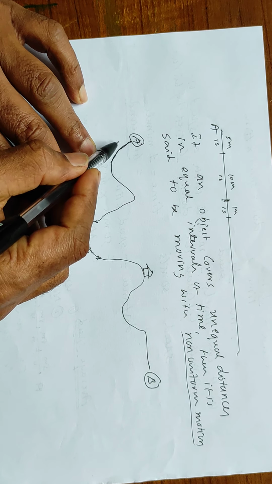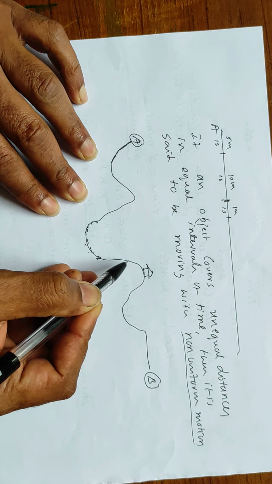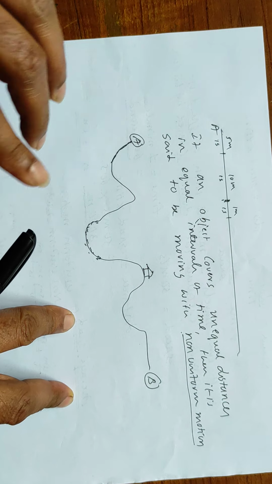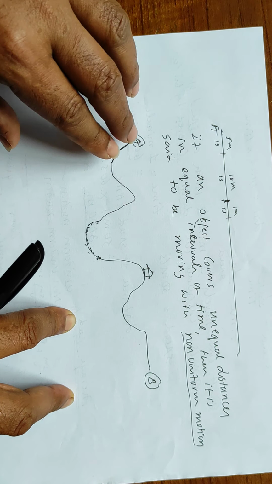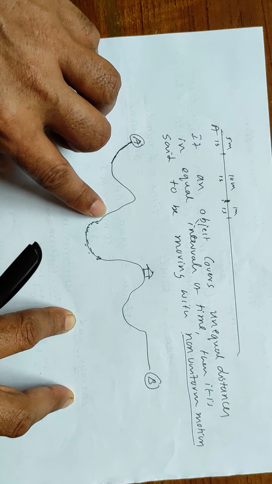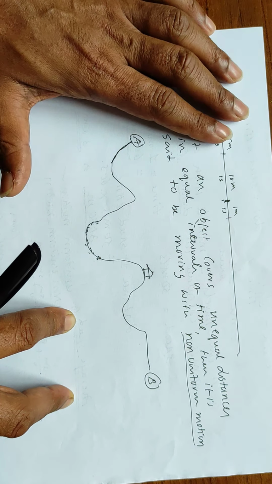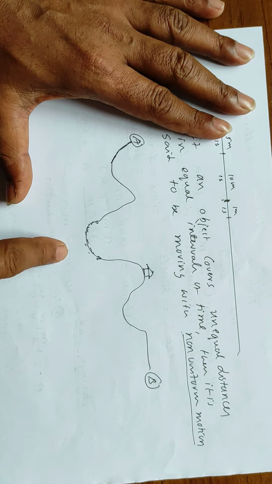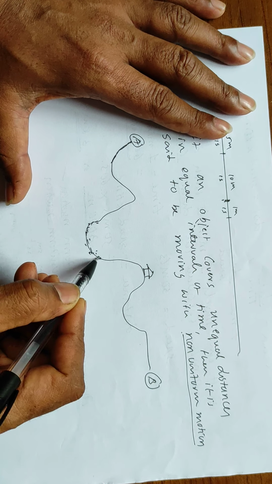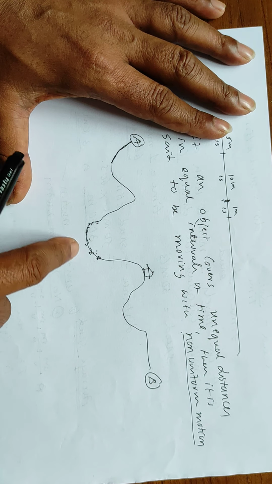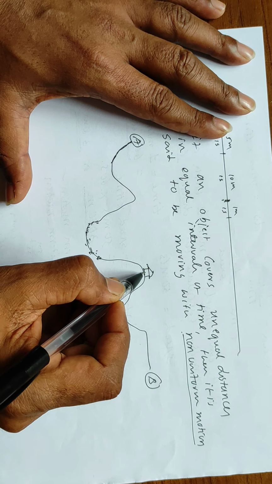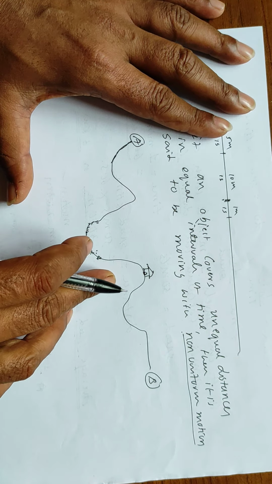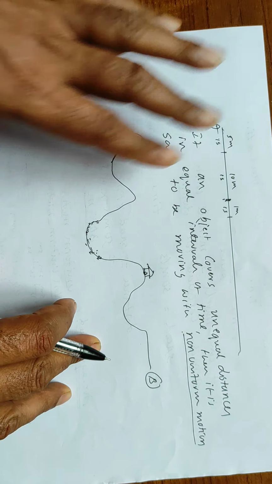Throughout its journey, the speed is varying. Within the city limits, speed is less. If the roads are well maintained after the city limits, its speed will be maximum. If the road is not well maintained, the speed will be very less. Or the bus may stop for 10 or 15 minutes.